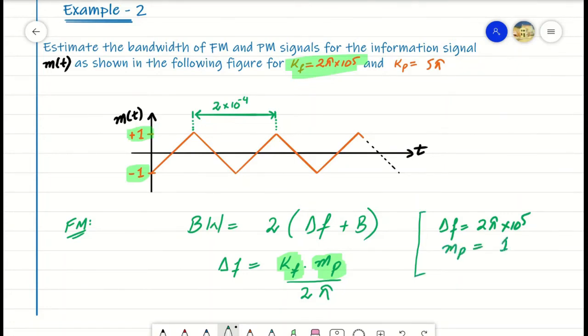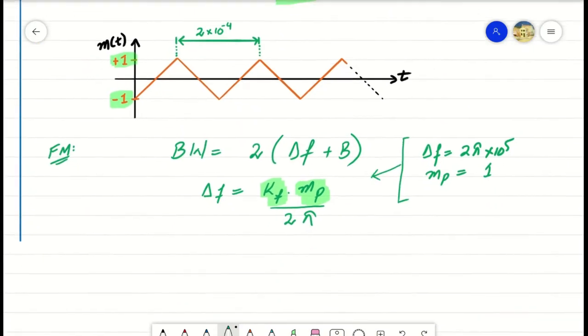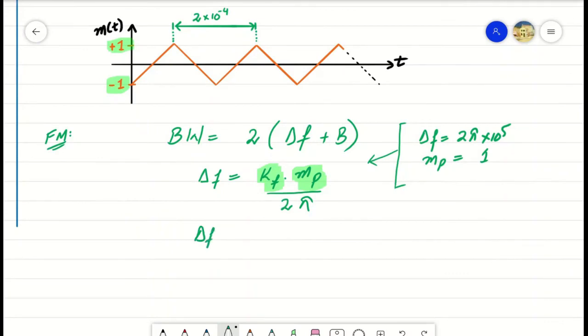So by substituting the value of these two parameters in this expression, we can obtain that delta f is equal to 1 into 10 raised to the power 5 hertz as peak frequency deviation if frequency modulation is performed by considering this m of t as the information signal.